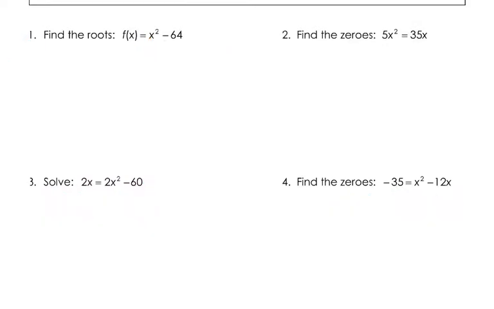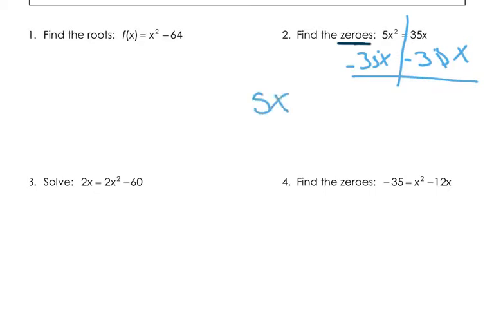Now looking at number 2, it says find the zeros. Again, these words are interchangeable. I want to make sure this is in standard form, and I notice this is not in standard form. So here I would have to subtract 35x from both sides, and I would have 5x squared minus 35x.